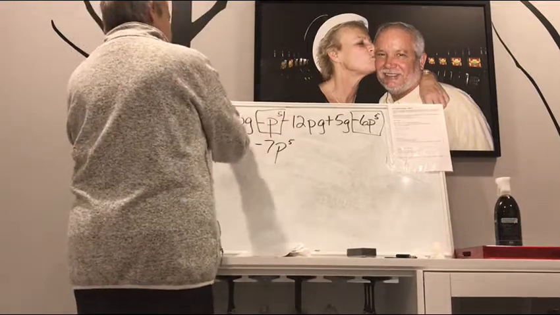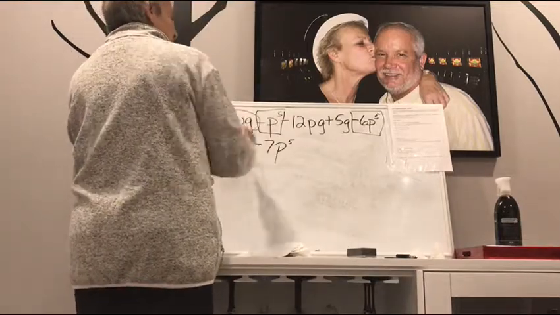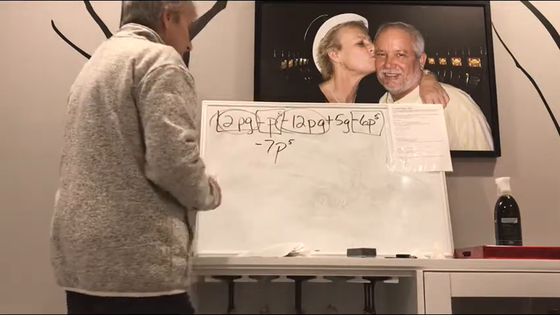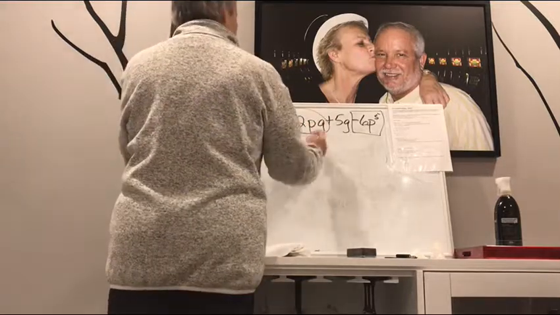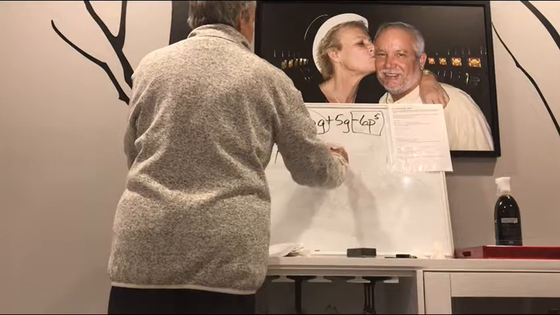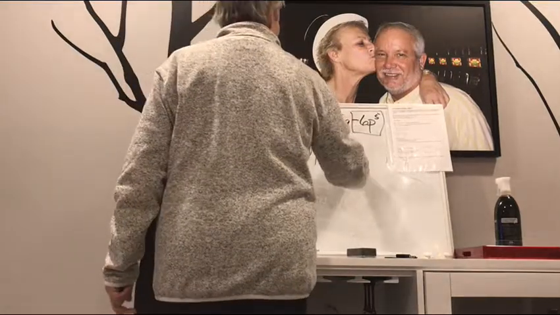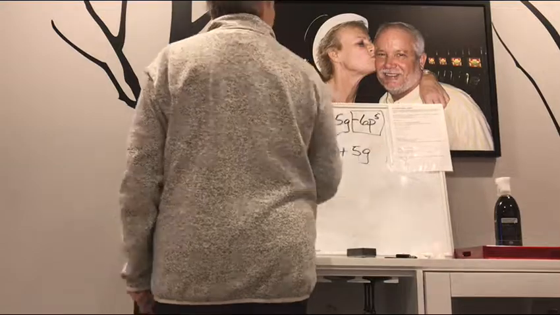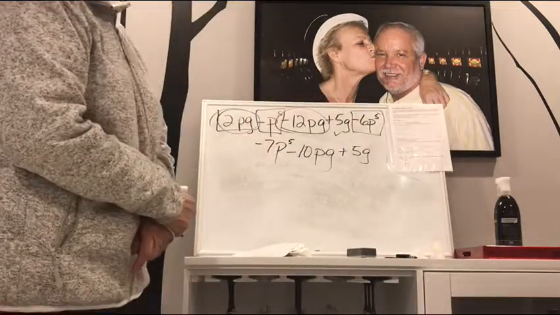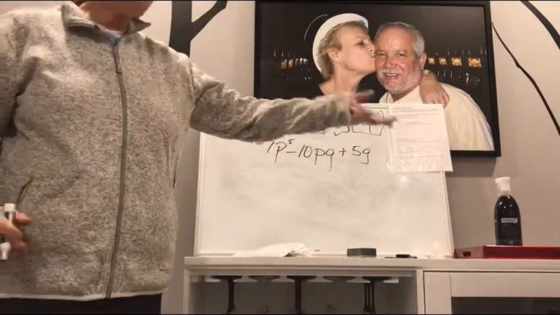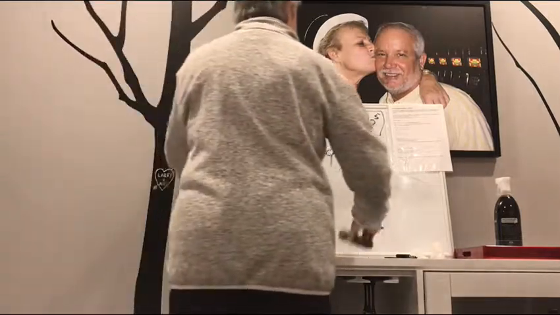Then I have 2 pg's and negative 12 pg's. That's negative 10 pg's. And then I think I only have a g left. No constants. Okay, that is in the correct order and simplified.